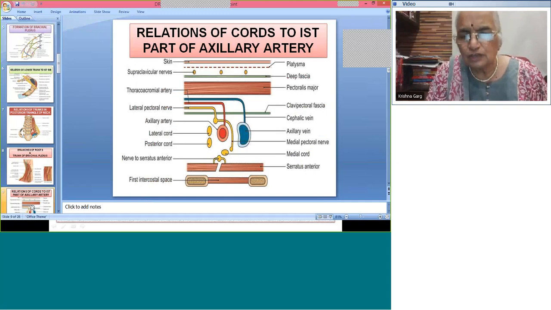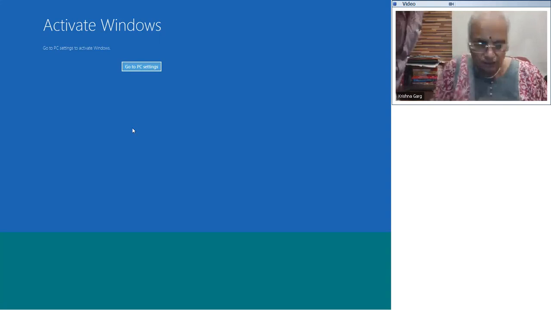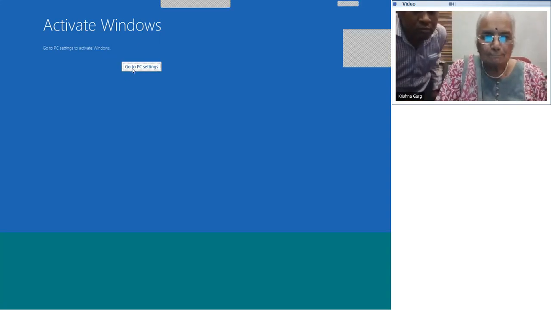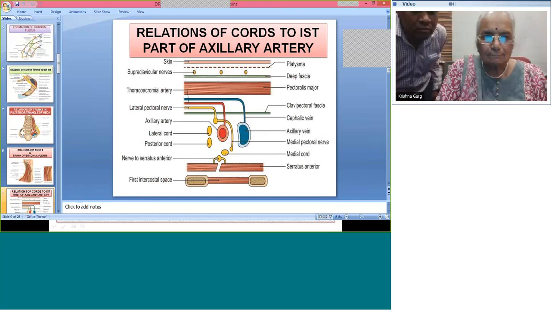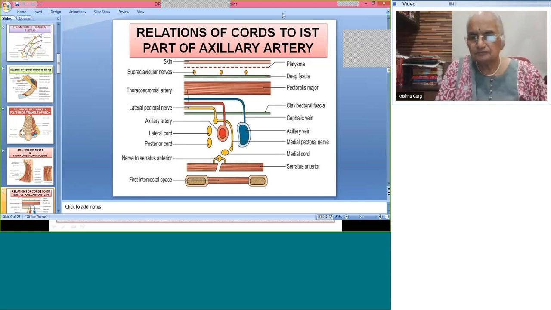They are not lying according to the names. And here we can see the clavipectoral fascia. The fascia is pierced by three structures: one vein, the cephalic vein, one artery, the thoracoacromial artery, and one nerve, the lateral pectoral nerve. These are the relations of the three cords of the brachial plexus to the first part of the axillary artery.